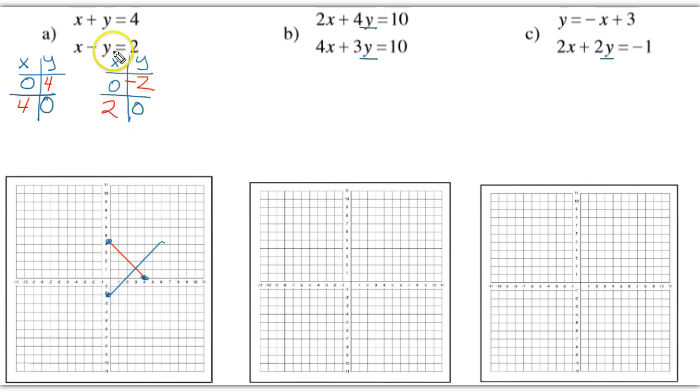And then if y is 0, x is 2, right there. And I extend it, and it intersects right there. If you read it carefully, it would be (3, 1). Okay, so this one was relatively easy to do.